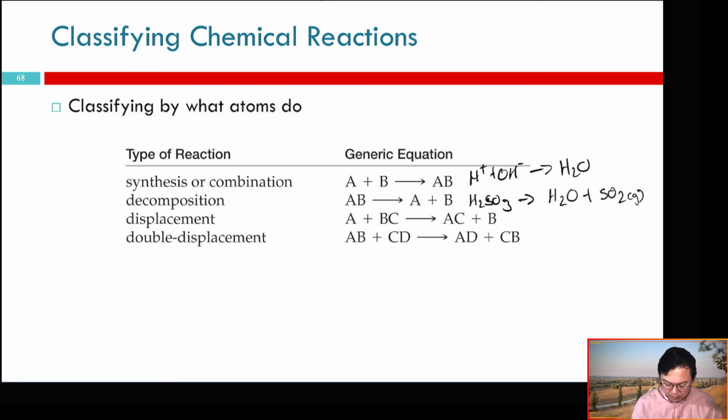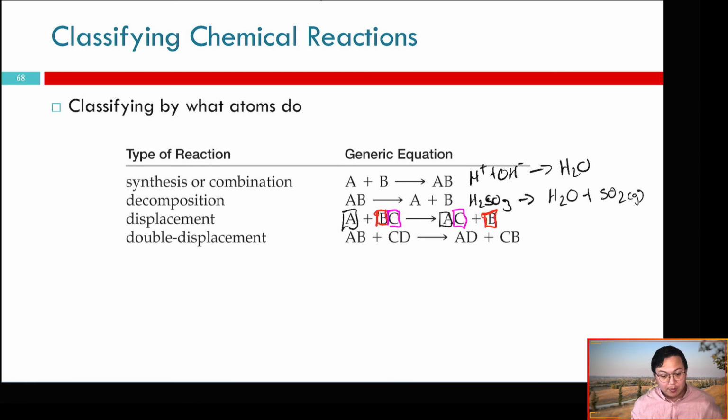But really it comes down to, you can see A is here, A is here, B, B, and then C. So you can see that we've swapped. C has gone from being combined with B to combining with A. And then the double displacement is sort of displacement, but we've done it twice.